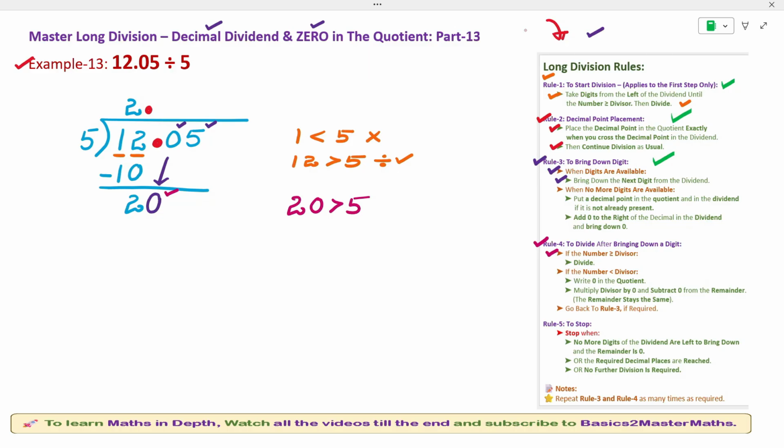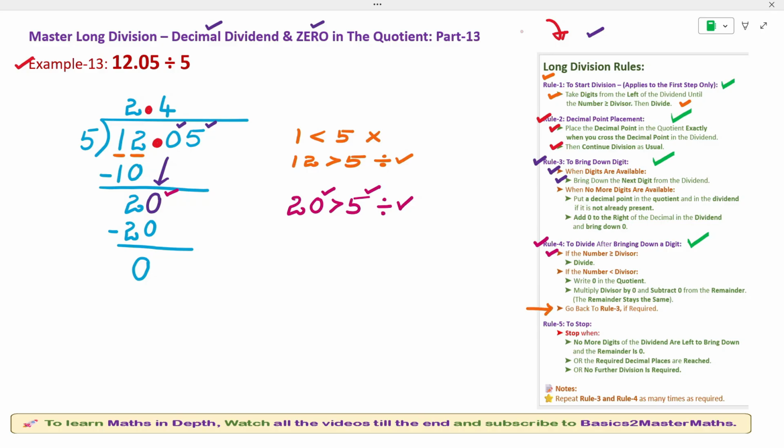If the number is greater than or equal to the divisor, then divide. 5 fours are 20. So you will get 0 as the remainder. Now, rule 4 is complete.